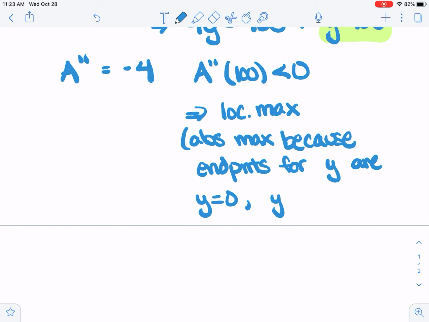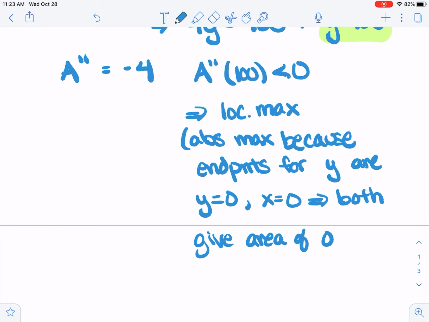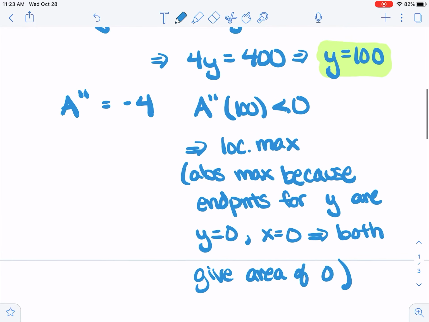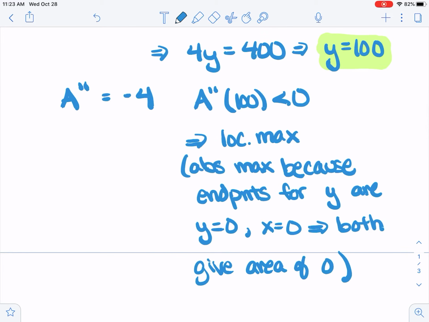I guess we can say it easier that way. And both of those give an area of 0. So we can check the endpoints. The max or min isn't going to happen there. So the max happens here at y equals 100.